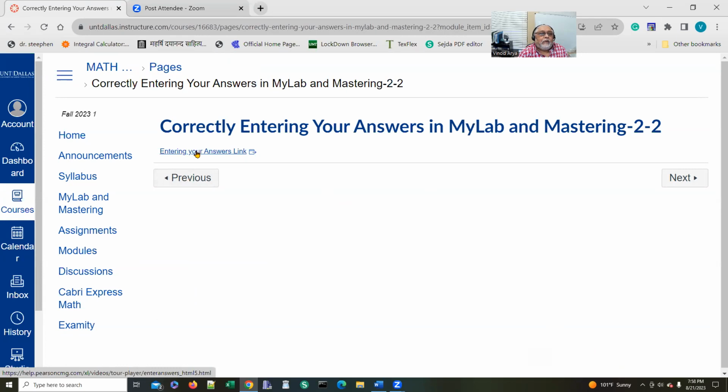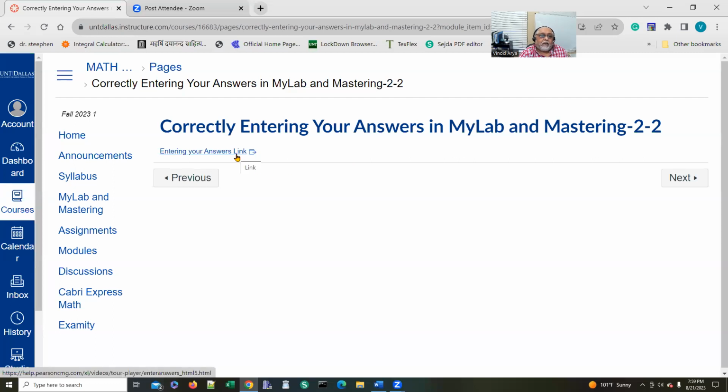Okay, so here you will be told MyLab and Mastering is a little bit picky about how you put your answer in the answer box there. So you have to be careful, even if your answer is right. If you have not put it correctly in the box, according to the format of MyLab and Mastering, the software will not calculate it as a correct answer, and it will not give you the credit for that answer.